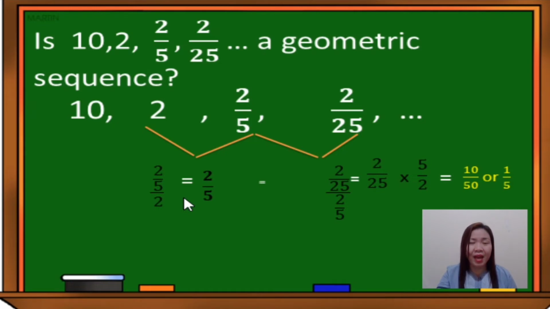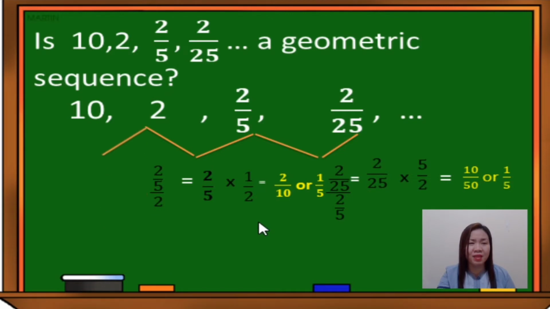Again, copy the numerator and get the reciprocal of the divisor. Then multiply numerator by numerator, denominator by denominator. We get the product of 2 times 1 over 10, which is 2 over 10.